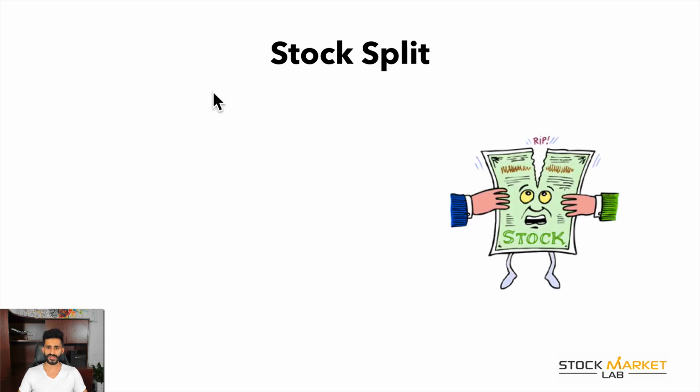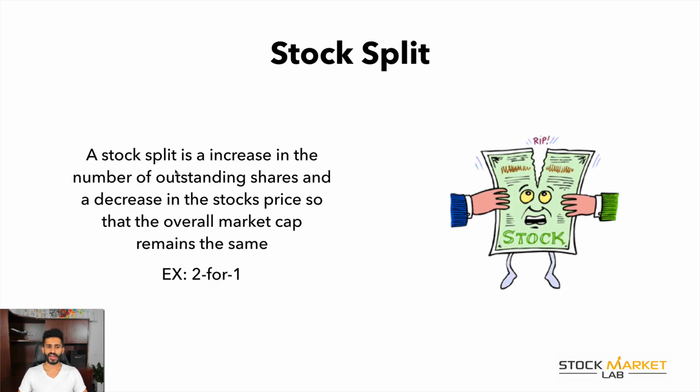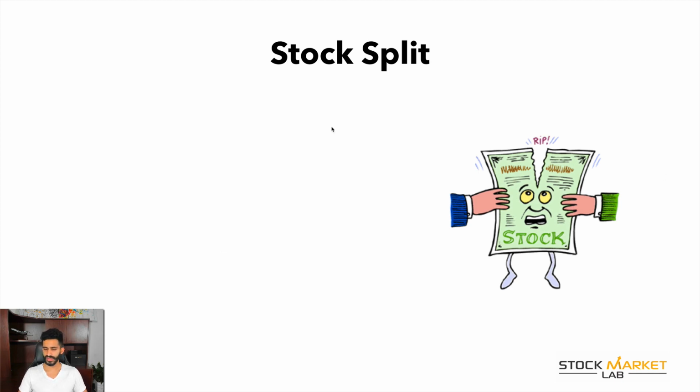Next, we have something called stock split. So a stock split is an increase in the number of outstanding shares and a decrease in the stock's price so that the overall market cap remains the same. So basically, this is how a stock split works. Let's say we have a 2-to-1 stock split. Let's say a stock is trading at $10, right?